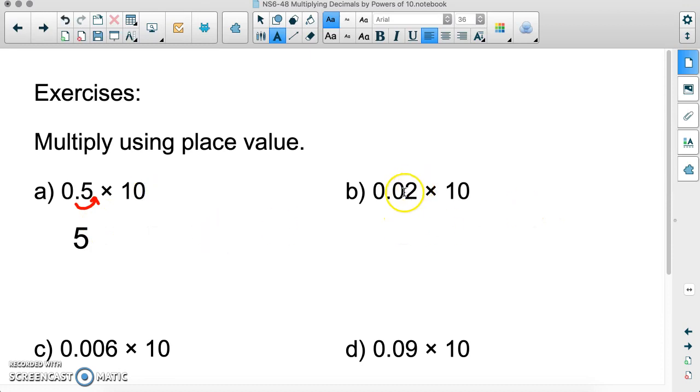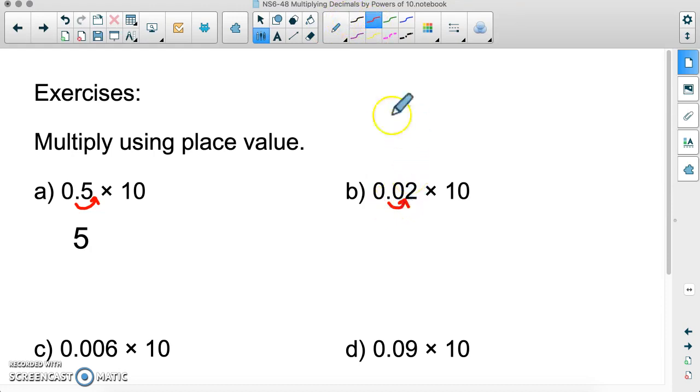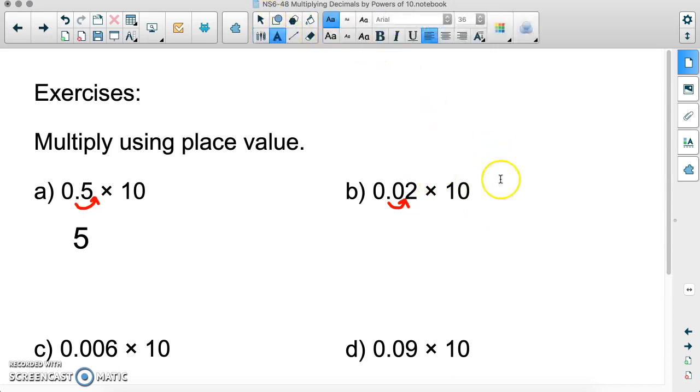If I have 0.02 and I times it by 10, my decimal is going to move 1 place to the right, and I'm going to end up with an answer of 0.2. So this 0 that was in the tenths is moving to the ones. This 2 that's in the hundredths is moving to the tenths.